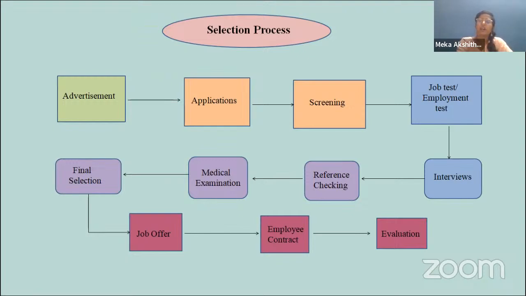There are many different types of tests. For computer science engineering, they would go for coding, aptitude tests, etc. They go for different rounds of tests as required. So this is IT; when we talk about other types of jobs, there would be different types of tests, which we will deal with further.